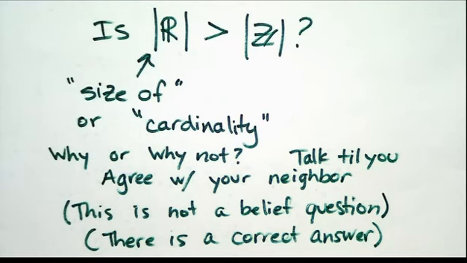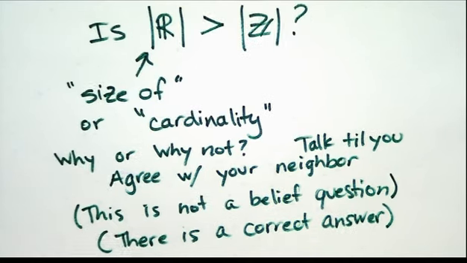Other arguments? Yes. You list all of the decimals, and you assume you can list them, and then you prove that you can always come up with another one. That is a great point. So that's actually what I wanted to get to. So what was your name? Nathan.